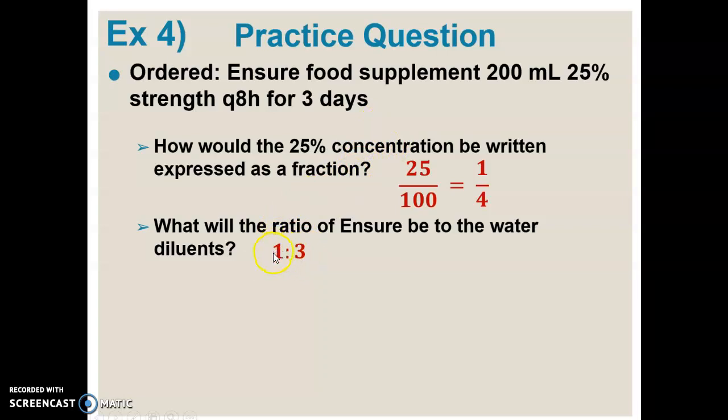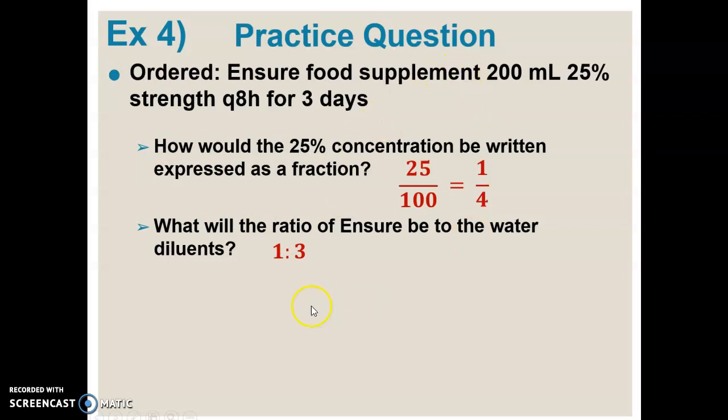That means however many parts of the drug you put in, you're going to put 3 times that as the inactive part, the diluent. So 1 part Ensure, 3 parts water is what that's saying.